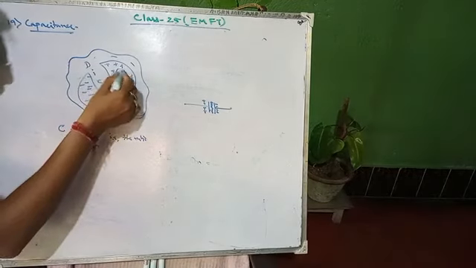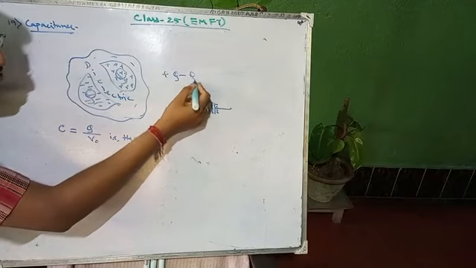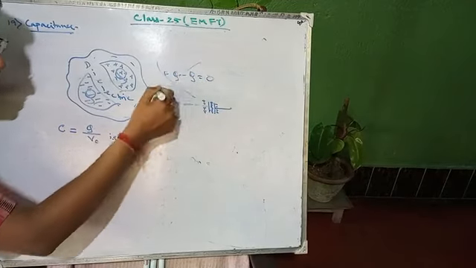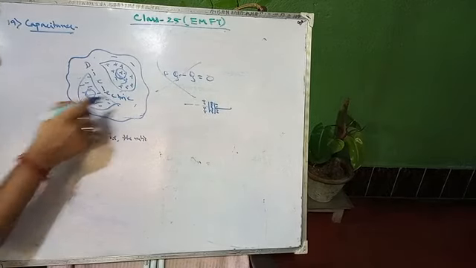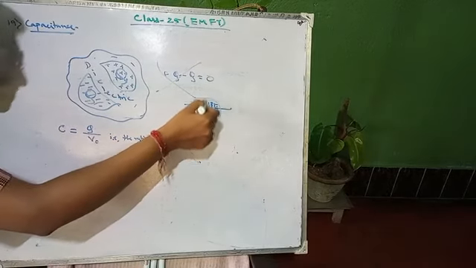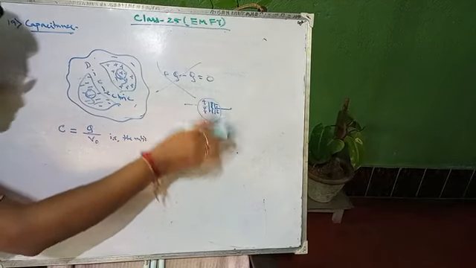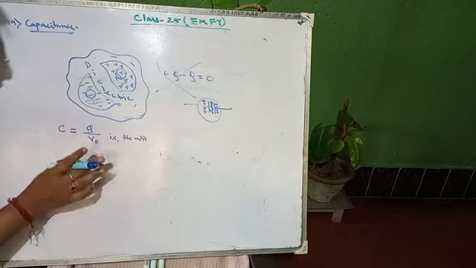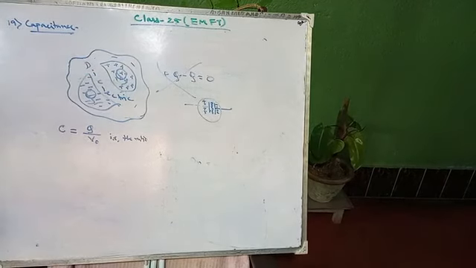Always remember, if it has plus Q, the other will be minus Q, so the sum of plus Q and minus Q will be 0. But you cannot treat that as the Q over here. All the time the algebraic sum of the charges on the two plates of a capacitor will be 0. But you have to take this Q as the charge of either system.